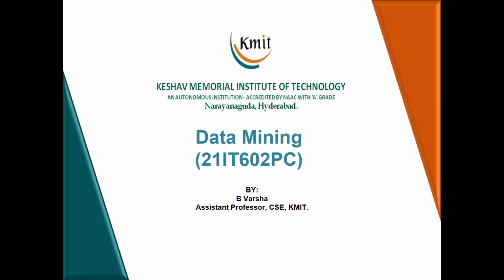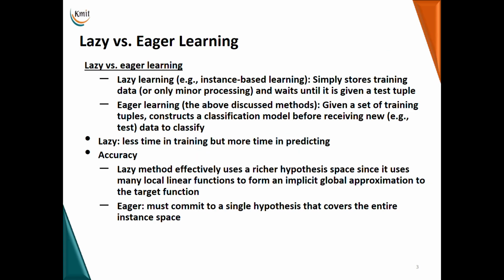Until then, the training data or the processing of that pen is not relevant to the lazy learner. Only when the pen's prediction has to be done, then only this concept comes into picture.